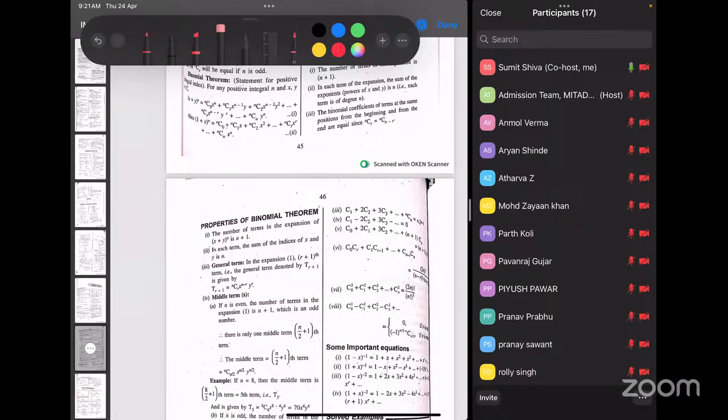If the power of x is 0, it will be converted into 1. And if the power of y is also 0, it will also be converted into 1. In that case, we will have a term which will be independent of x and y. Or in other words, that particular term will be a constant value independent of x and y. Are you getting it? Any doubt?